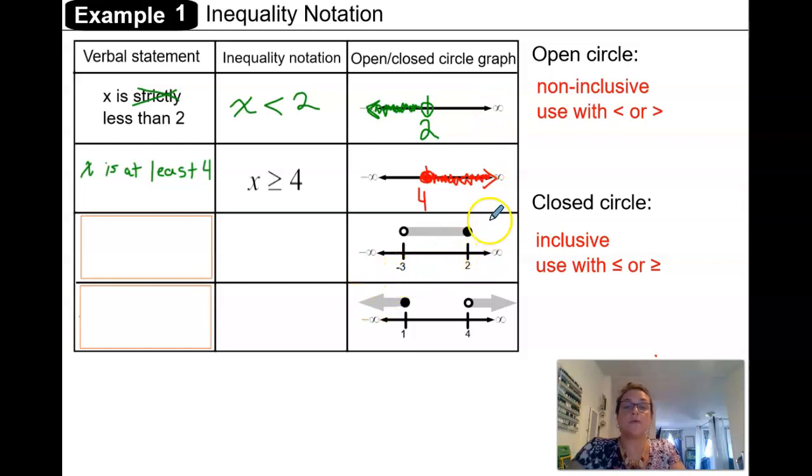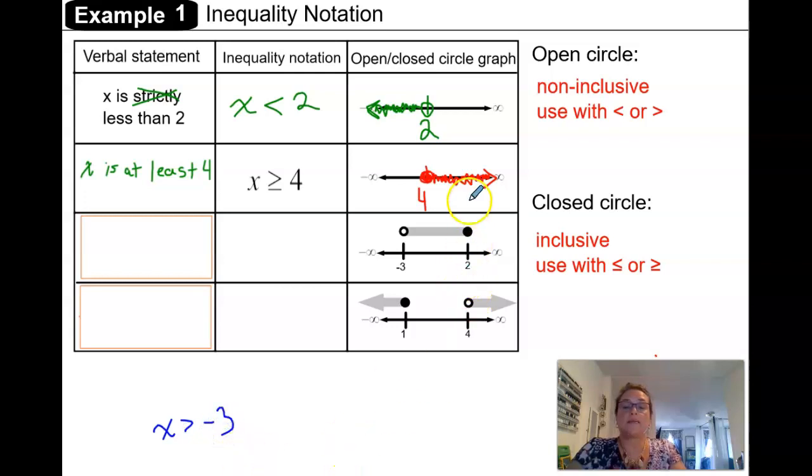But in either case, we want to look for where the open and closed circles are and where the shading is. So in this example, we have an open circle at -3, and the shading is heading up from there. So that would mean that the x is greater than -3.